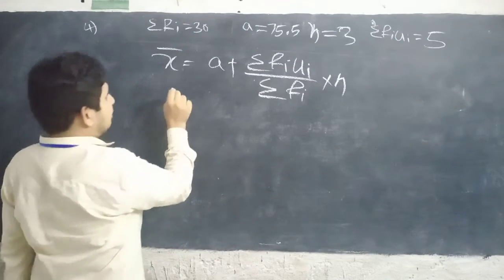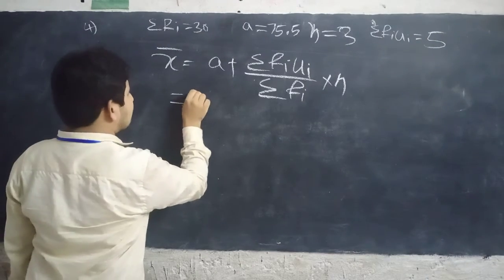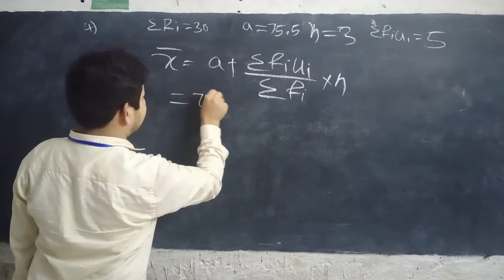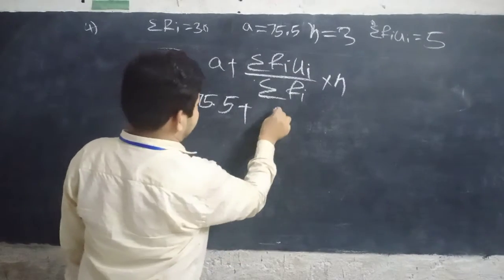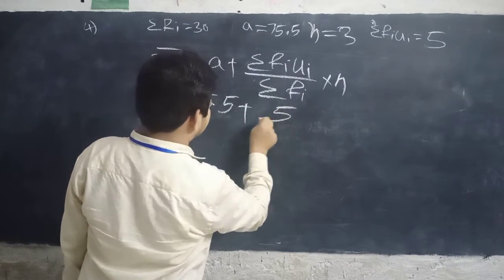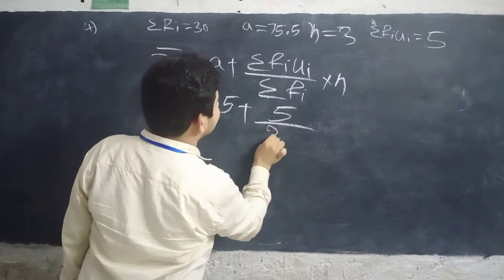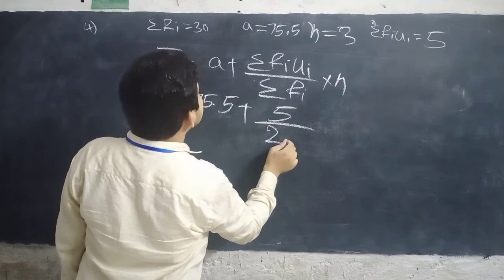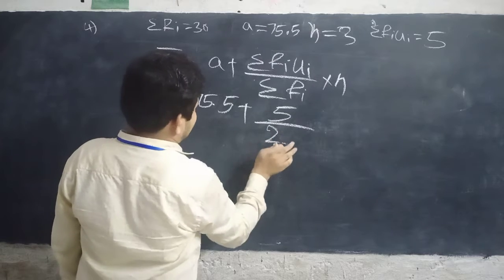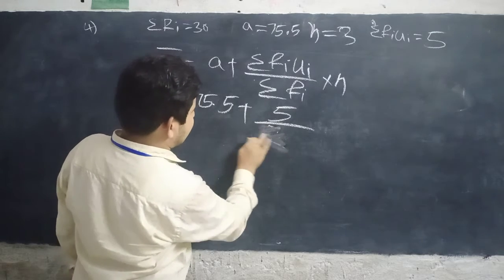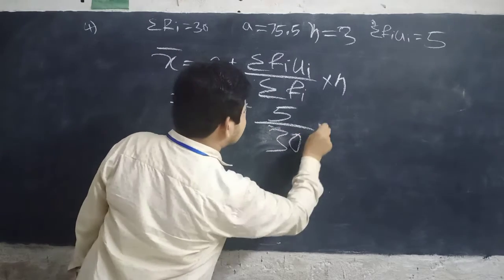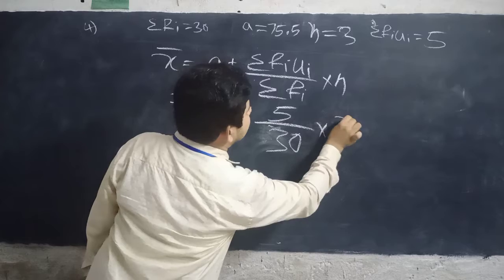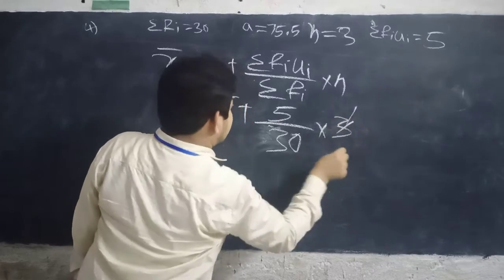Equal to 75.5 plus sigma fi ui 5 by sigma fi 30, sorry. Sigma fi equal 30, into 3. Okay?